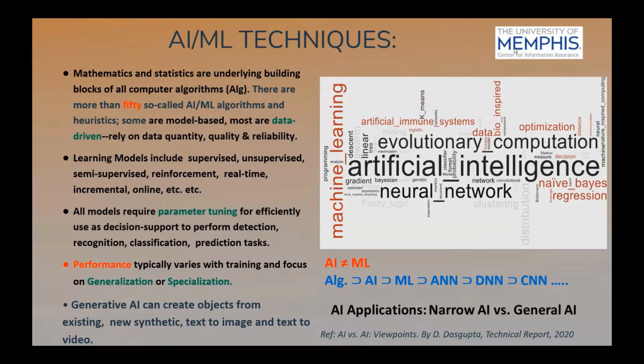As I move forward, performance typically varies with training, with a focus on generalization and specialization. If I want to make an AI model more general, it can cover more solution space, but may not be sufficient to give a precise solution.